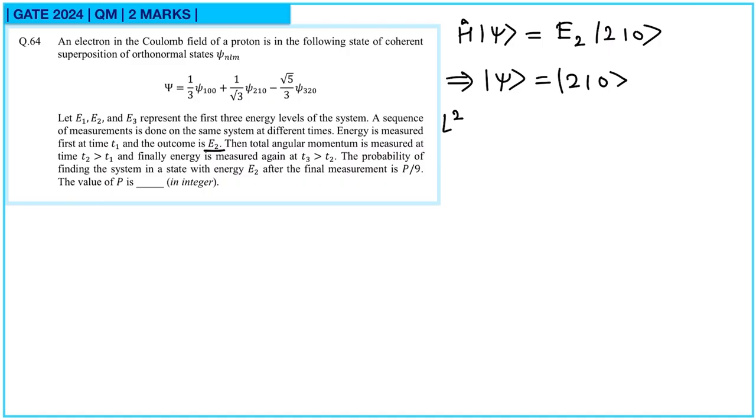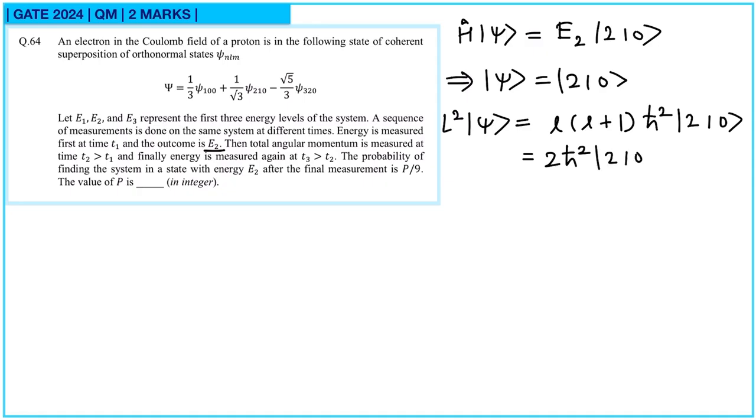Now if L square, the total angular momentum, is operated on 210, that will be l into l plus 1 ħ square into 210, which is equal to 2ħ square 210. So this is 210, and now if H is operated on 210, then that will give E2 210.